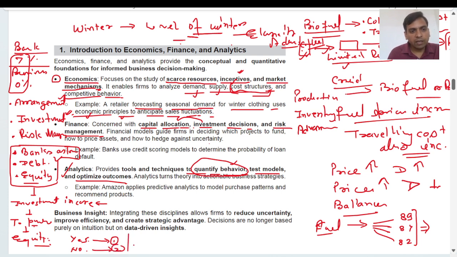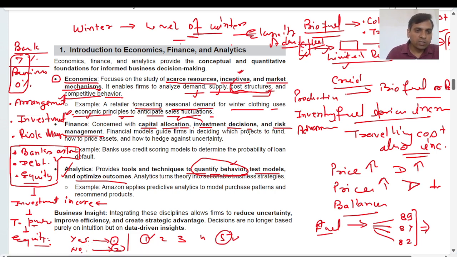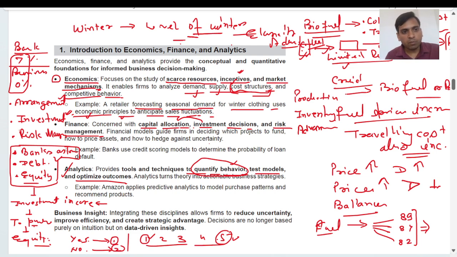If we are collecting data about level of satisfaction, so level of satisfaction may start from 1 to 5. So 1 is least satisfied and 5 is most satisfied. So we can convert level of satisfaction, level of anything, or answers like yes and no in the form of quantity. Now we can study the pattern of this yes, pattern of this no, pattern of this level of satisfaction in terms of quantity, and we can test the multiple models.